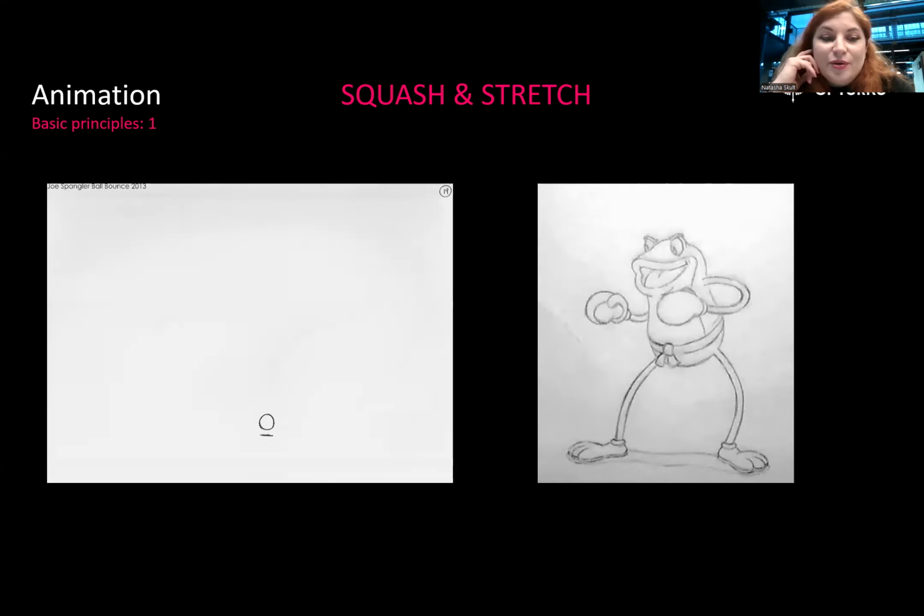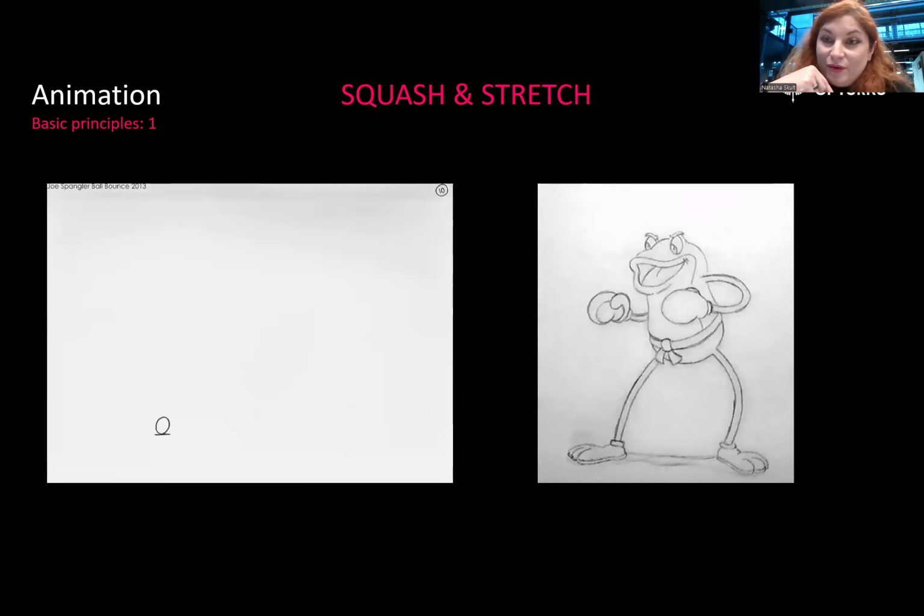So imagine if just one bounce would take 24 frames, that would be insane.